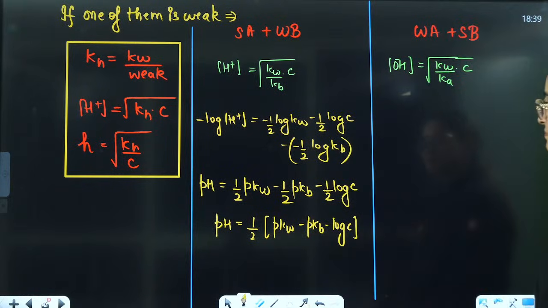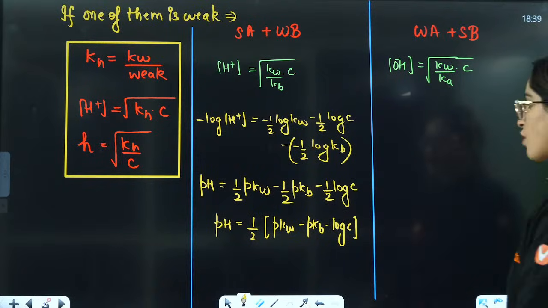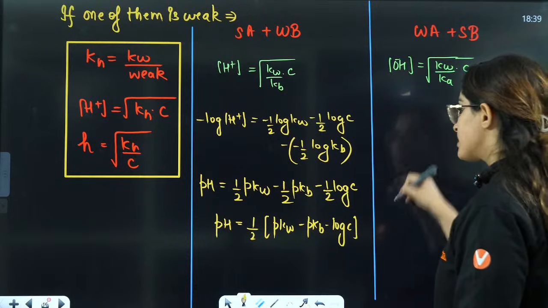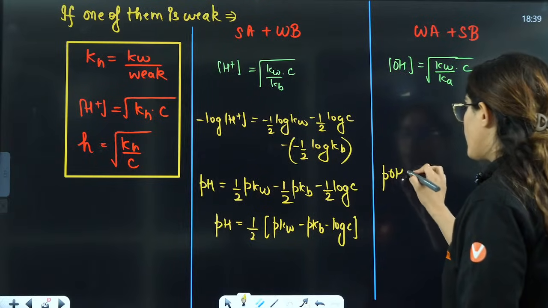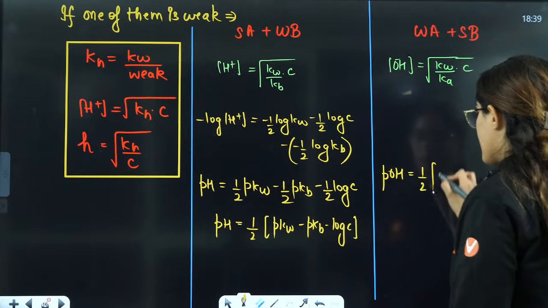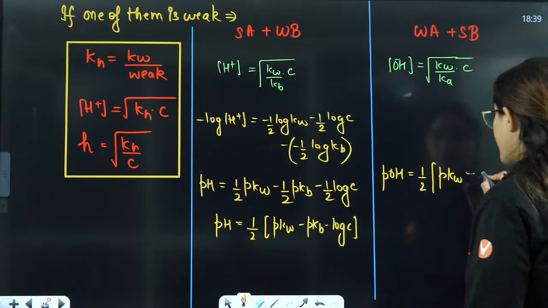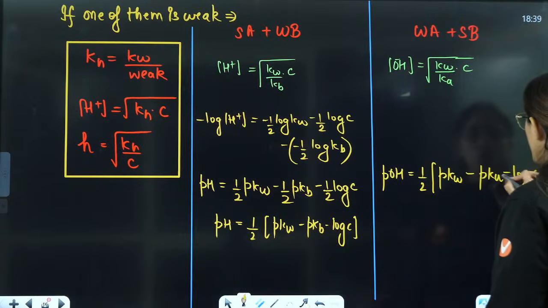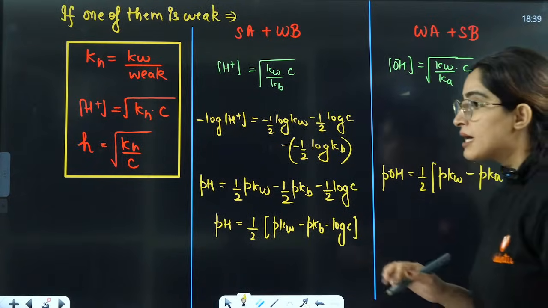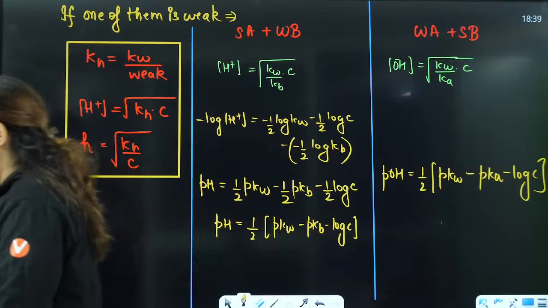Okay? Okay, got it? Now if you see this on similar lines, POH, here I'll just write similarly, POH will become half of pKw minus pKa minus log of C. Students make this mistake, they learn pH values differently, right?